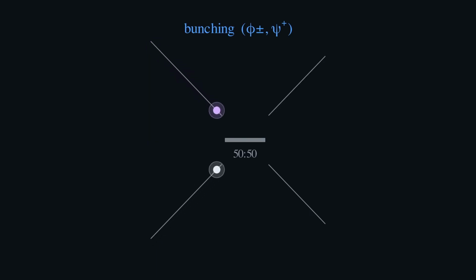This is a central feature of what's known as the Hong-Ou-Mandel effect in optics, which is outside the scope of this video, but which I will make a video about in the future. Other times, the photons may exhibit anti-bunching, where they always exit at different output ports. So with bunching, the photons always exit the same output port, and with anti-bunching, they always exit different output ports.